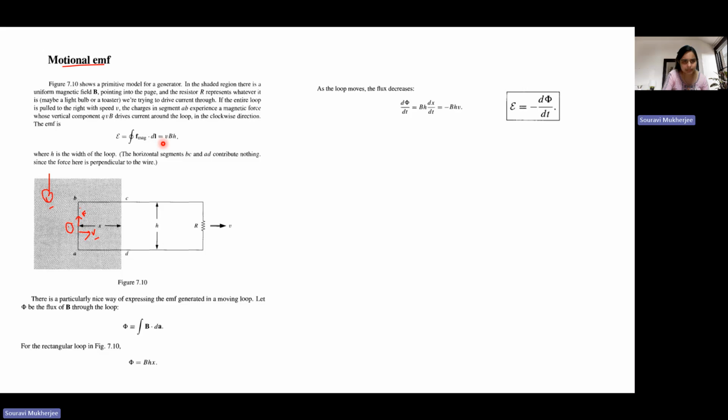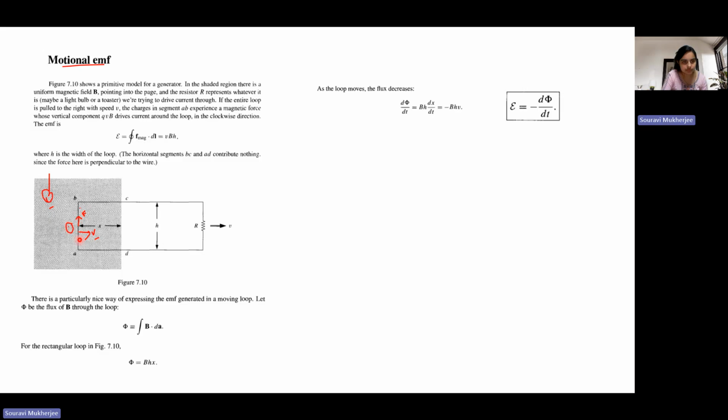So you end up getting the work done by this force as the charges get redistributed along this section. If you want to find the work done per unit charge, which is the EMF, it would be v cross B. Because they're perpendicular to each other, here you have vB.